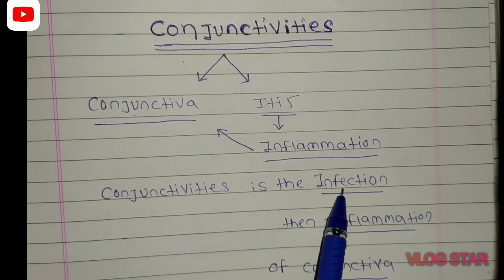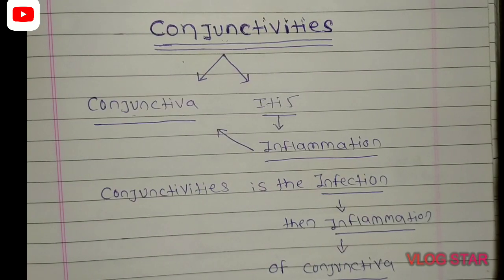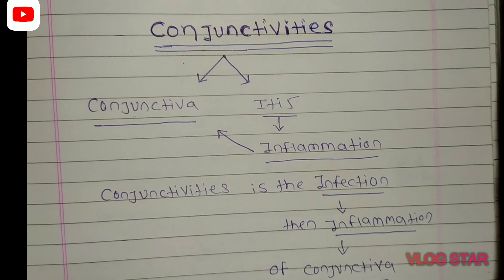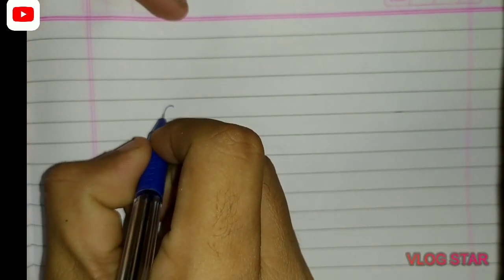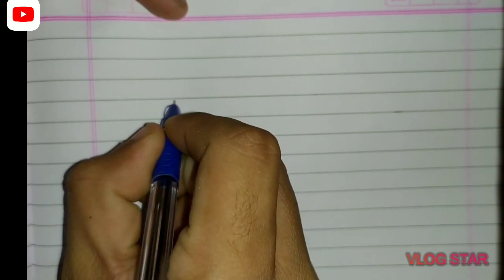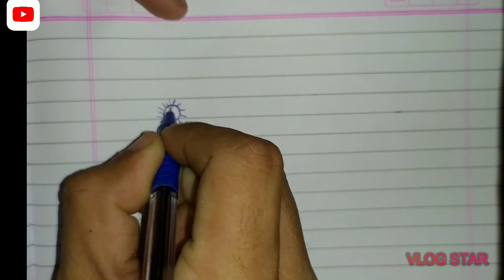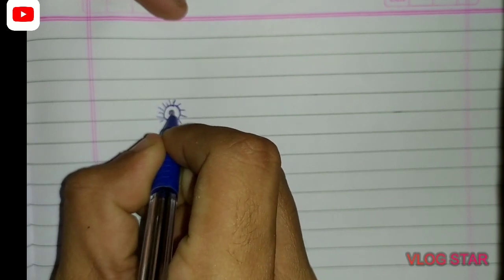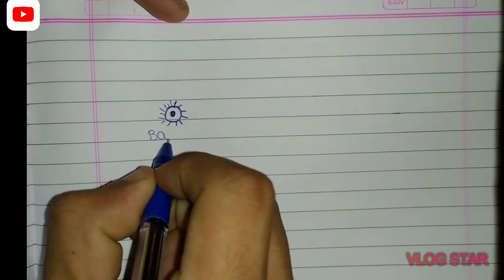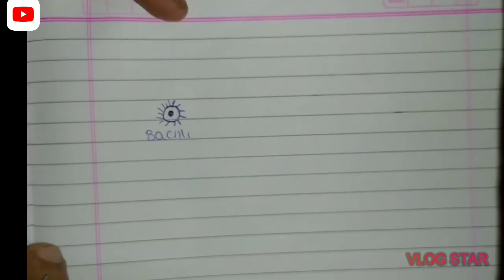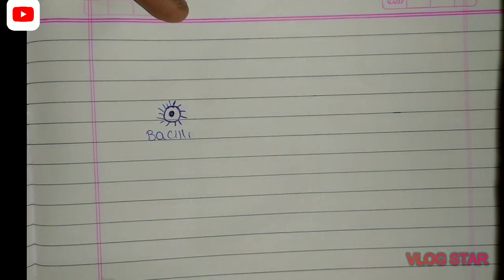Next is the infection and inflammation of the conjunctiva. So let us talk about what infection is. Suppose this is one particular bacilli or bacteria.